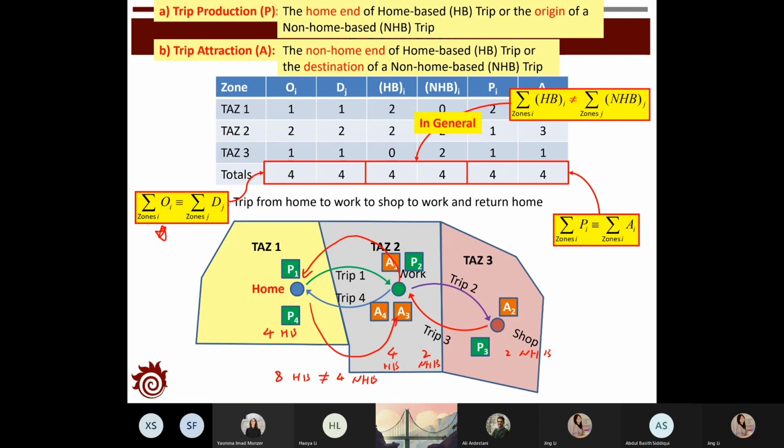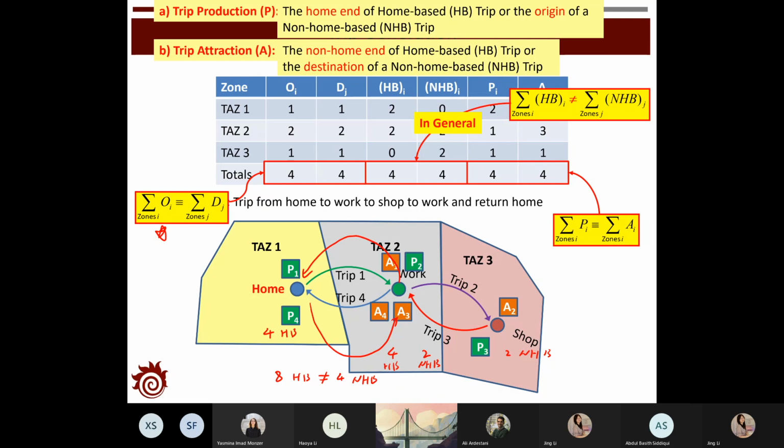So they are not equal to each other. The example is just a specific case with the same value, but in general they are not the same. So that's the relationship between origin, destination, home-based trip, non-home-based trip, production, and attraction. Just try to remember their definitions and know their differences.